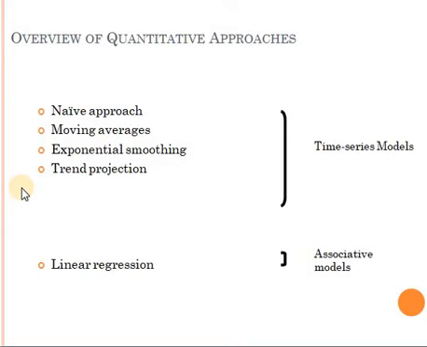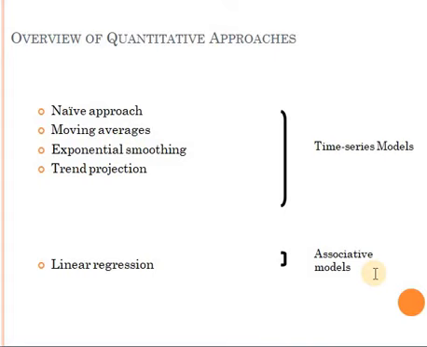But the only thing that you need to know at this time is the difference between the time series and the associative model. The time series model just tells you what happened in the past. So it's related to time. It depends on previous historical data. It just tells you, based on the history, what happened in the past. Now, the associative models can tell you why things happened that way.